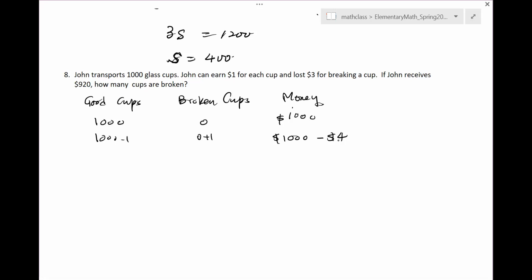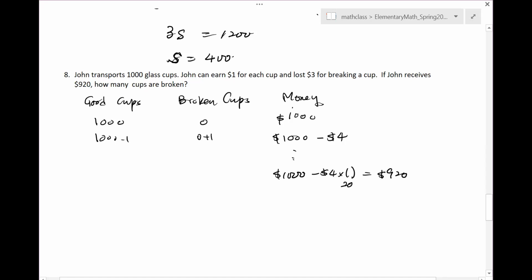So eventually, $1,000 minus $4 times some number will be 920. So what is that number? That number will be 80 divided by 4, so that number will be 20.